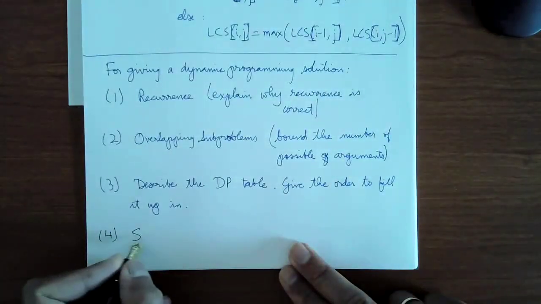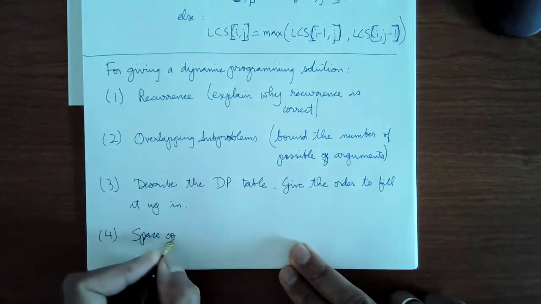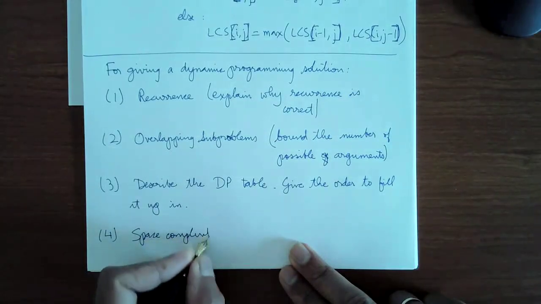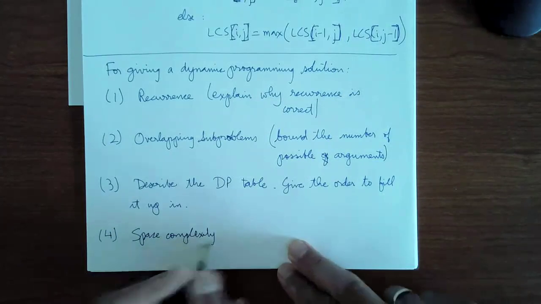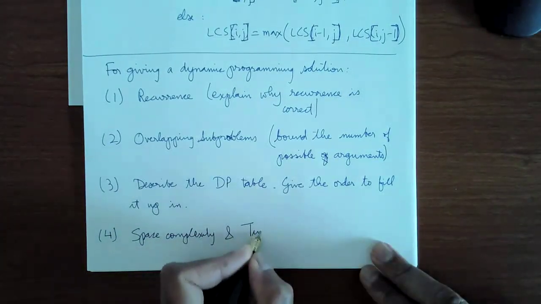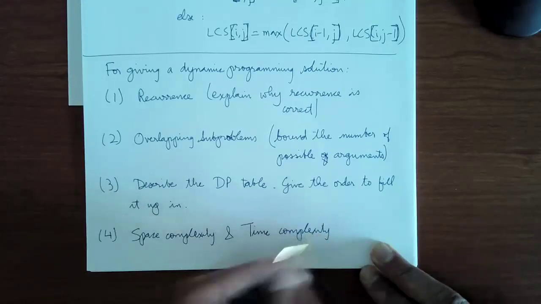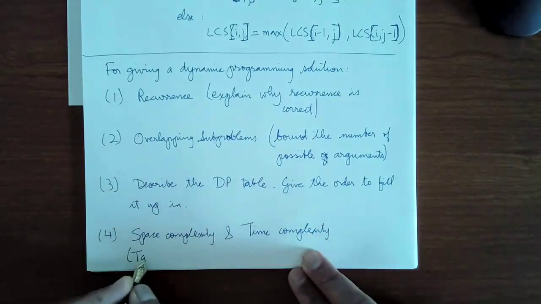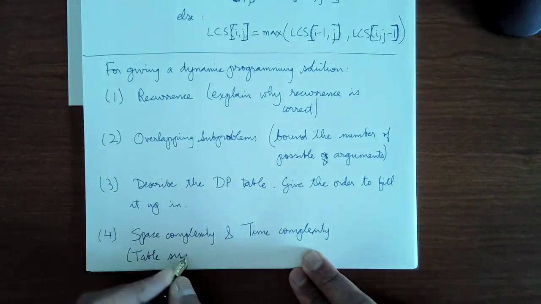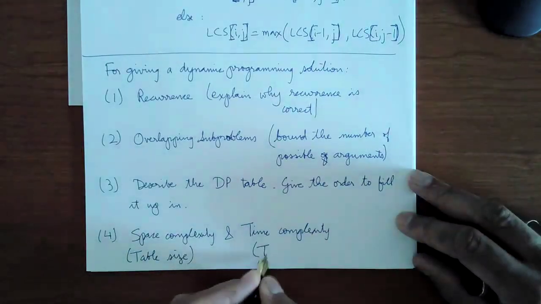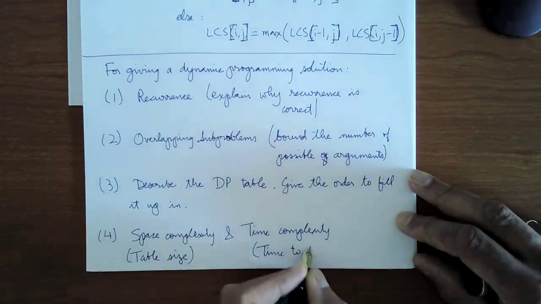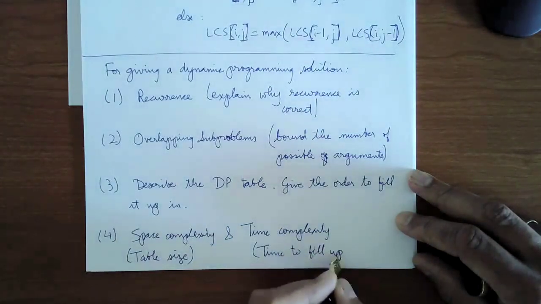Finally, you do a space complexity and time complexity. So space complexity is the table size, and the time complexity is the time to fill up the table.